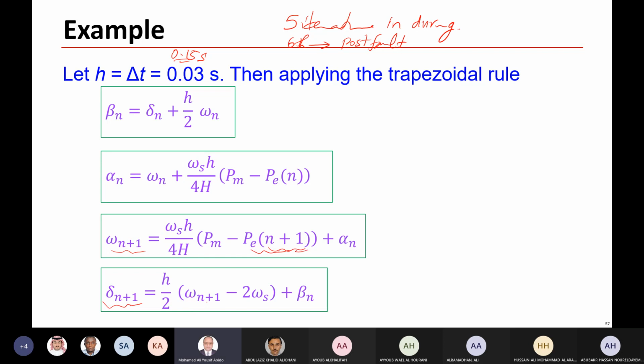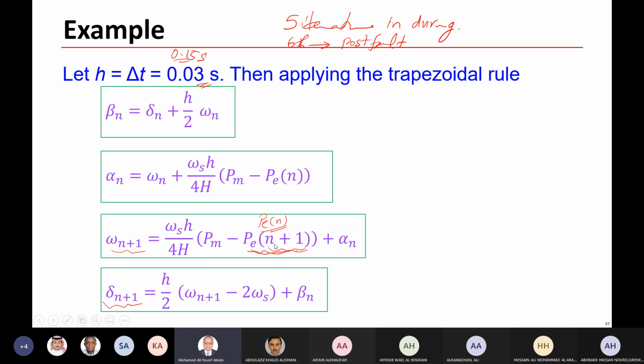BEn plus 1 will be approximated to BE of n. And usually the change in the angle is not that much, especially with very small step size here. This is why we need to set the step size very small.